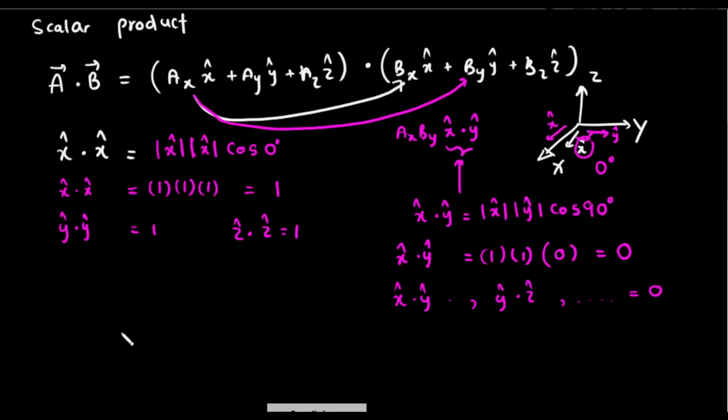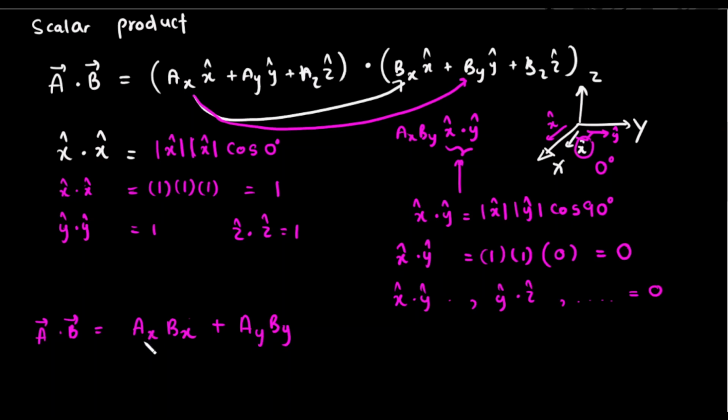So when we have a dot b, we will have ax bx and ay by, because x hat dot y hat is equal to 0, so these terms are going to be cancelled out.